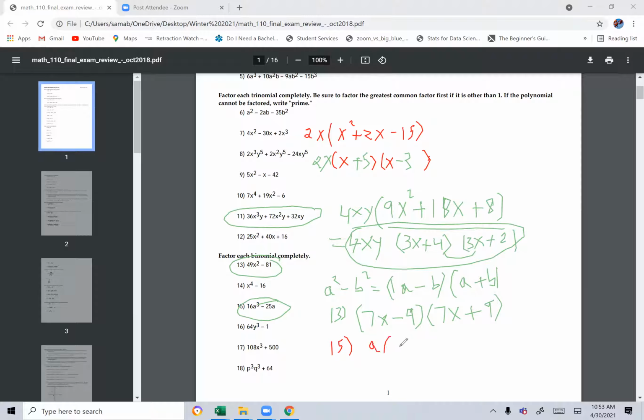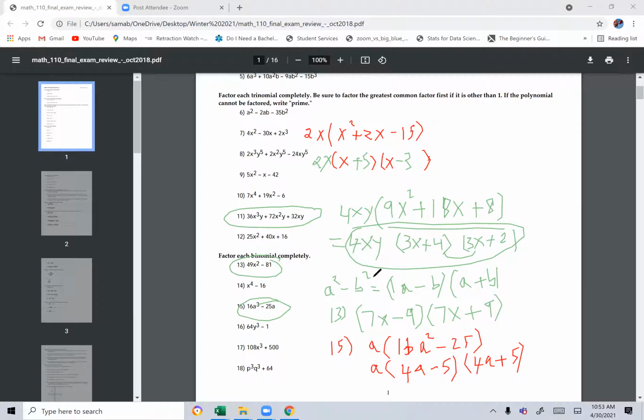So what's left? 16a squared minus 25. And now you agree with me that 16a squared minus 25 is a difference between two squares. So I get a times 4a minus 5 and then 4a plus 5. And that would be the factorization.